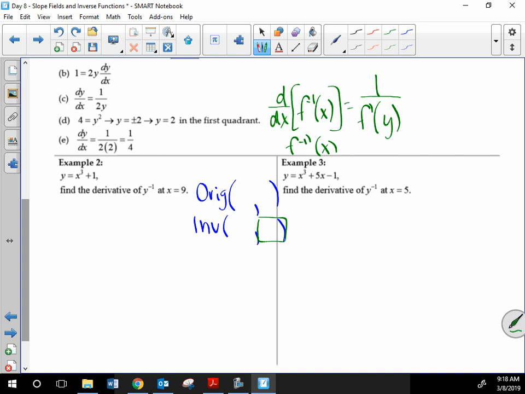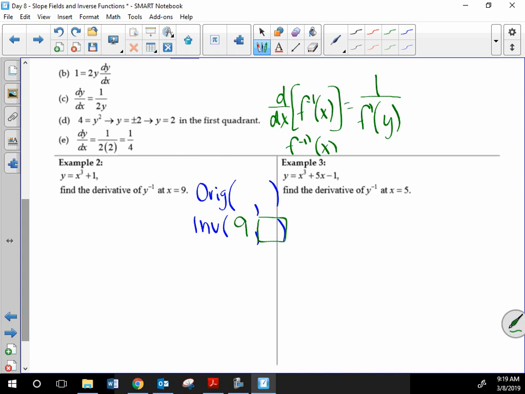All right, so it says to find the derivative of y inverse at x equal to 9. So this 9 is on my inverse, so that's the x value of my inverse. So if 9 is the x value of my inverse, what is that in my original?